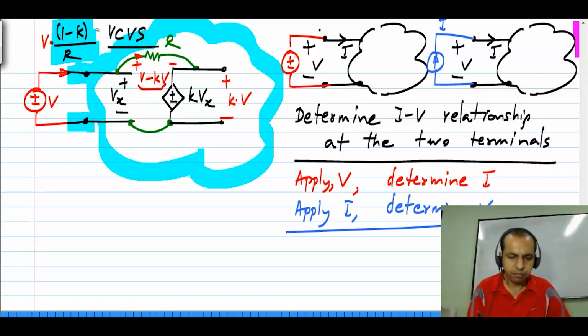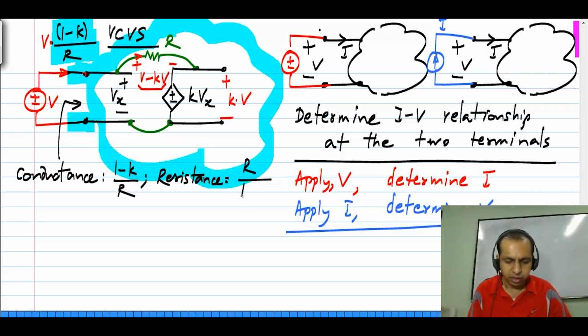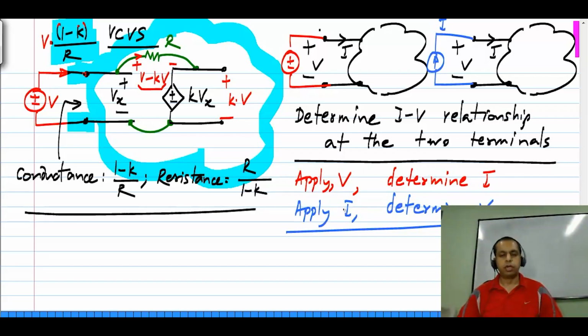So between these terminals, it looks like a conductance of value (1 minus K) by R, or a resistance of value R by (1 minus K). So if you have a physical resistor R, by connecting it up with a voltage controlled voltage source like this, you can change its value.